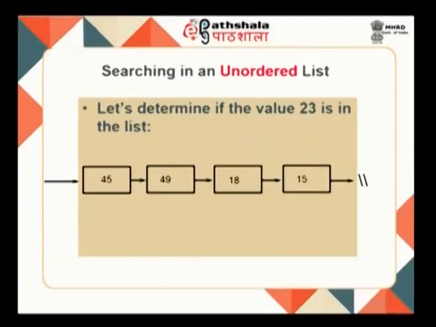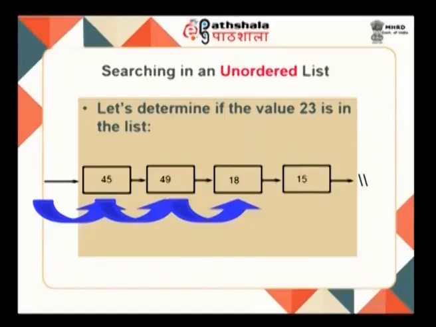Let us take one more example. Again, consider this list. You can see the elements of this list, and I am going to check whether the element 23 is present or not. We progress like this. The target is not present, so I go on to check the next item.